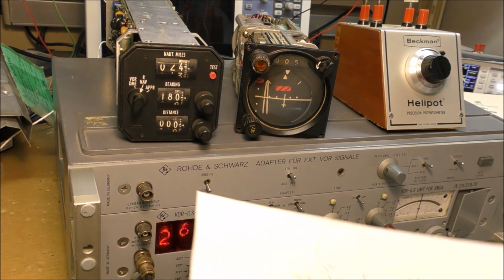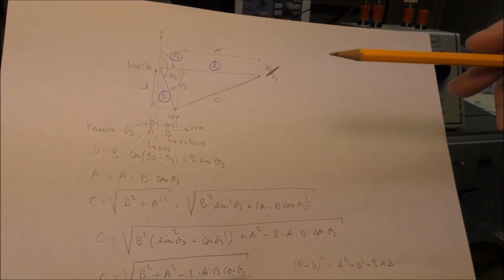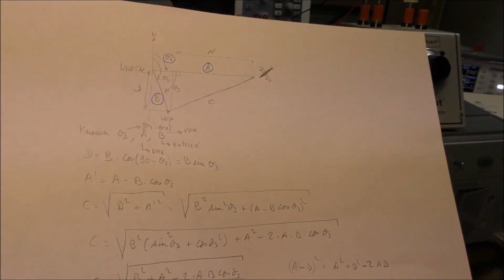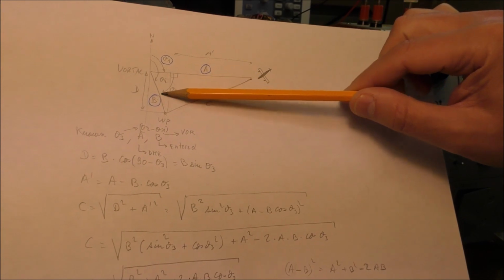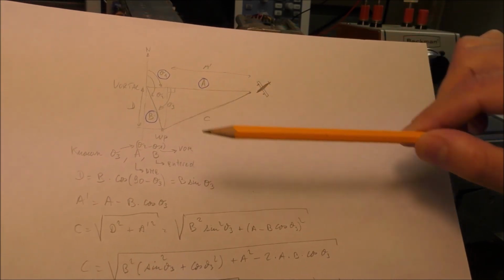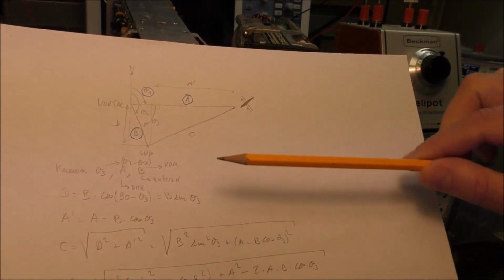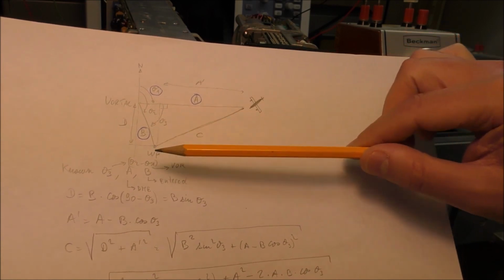Also, I have calculated on that page the calculations of this. This is the Vortac, this is the waypoint, and this is the aircraft. It is not complicated. You know this angle, so by the difference of these two angles, you know the angle here. This distance A is known, it is the DME distance. This distance B is entered by the pilot.